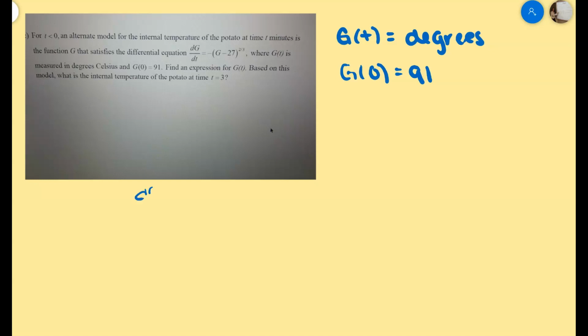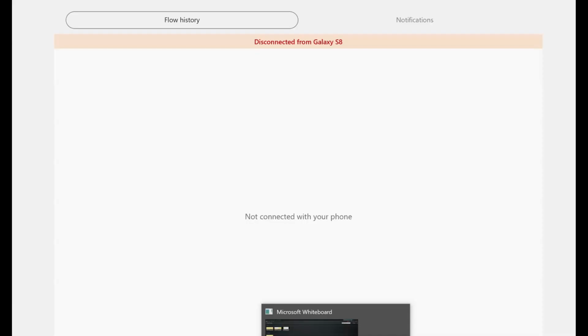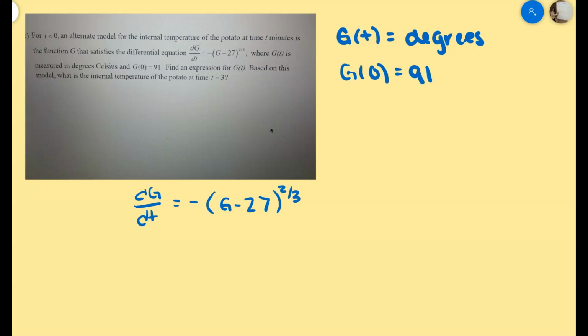So we're going to take dg/dt equals negative (g minus 27) to the 2/3, and we're going to get the g stuff with the dg and leave the negative behind. So you get 1 over (g minus 27) to the 2/3 dg equals negative dt.